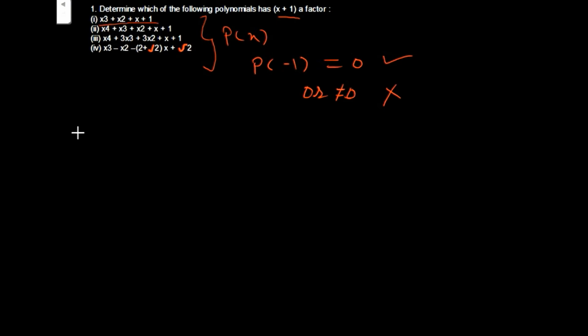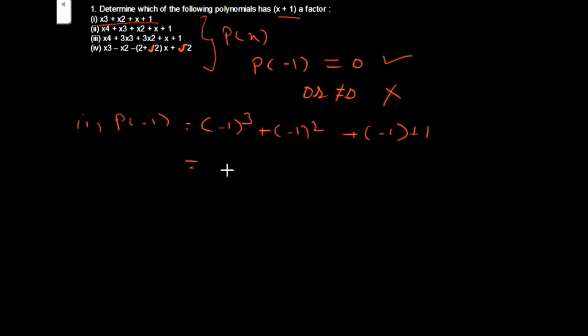P of minus 1 in the first case. In the first case, P of minus 1 is equal to what? Minus 1 cube plus minus 1 square plus, putting the value of x equal to minus 1, plus 1.